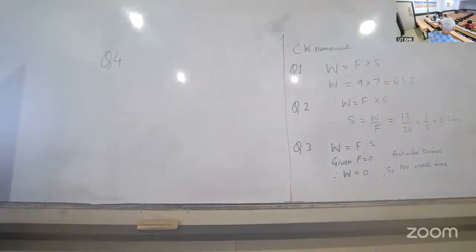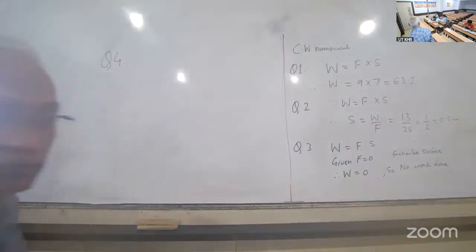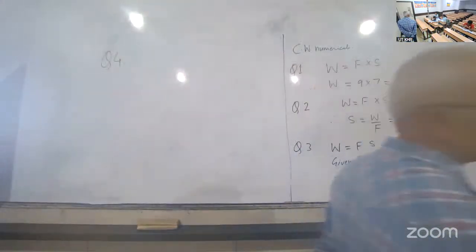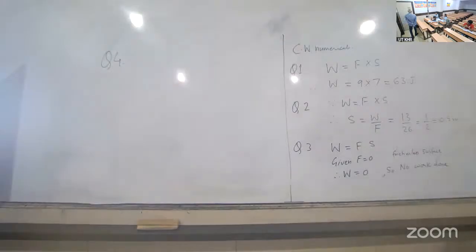How will you do question 4? Whenever you read a question, write down the given data. That will give you the idea which formula to use. Write down the given data and write down what you are supposed to find.